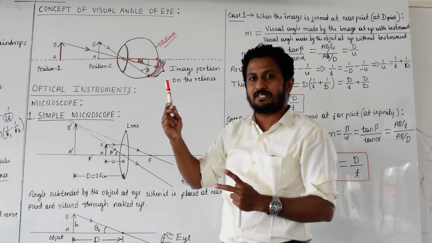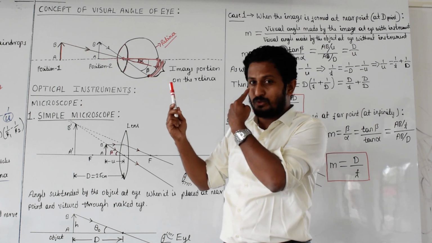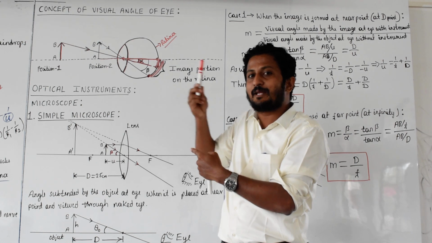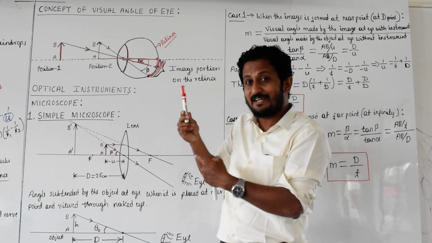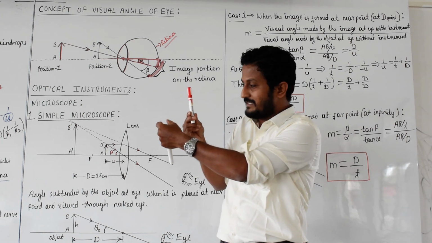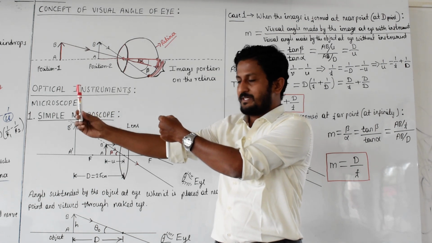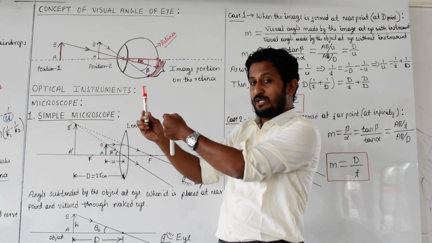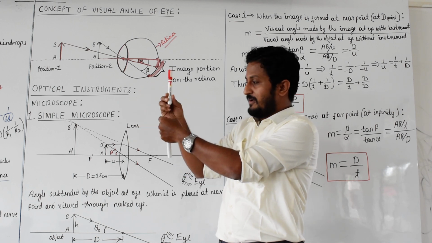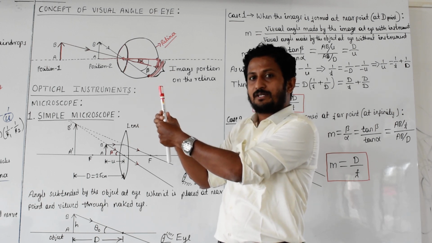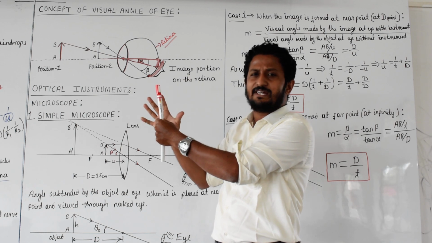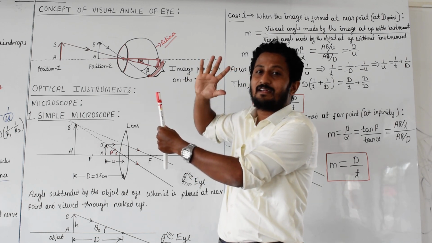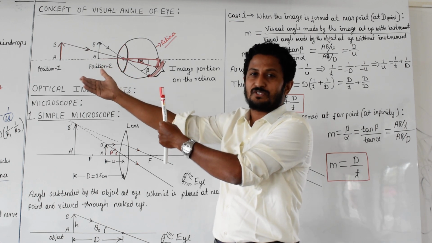If the object coming close to our eye crosses that near point, okay, this is the near point. When it was here, you can see, and the visual angle keeps increasing. When it came to the D point, at that time you can see it very clearly. At that time the visual angle is also very high compared to previous positions.